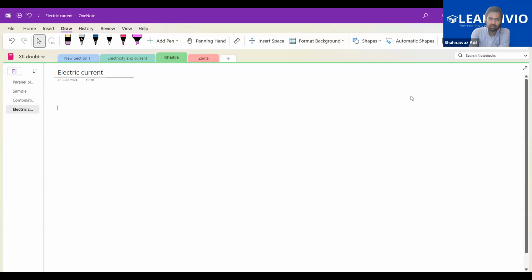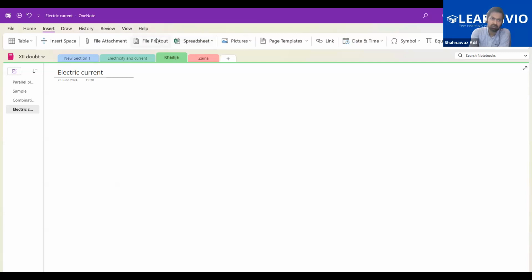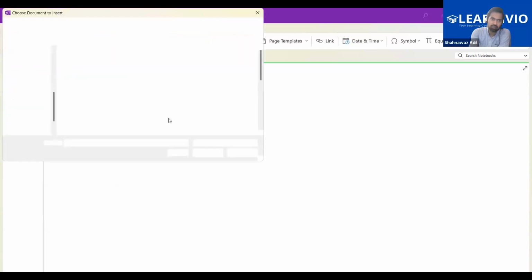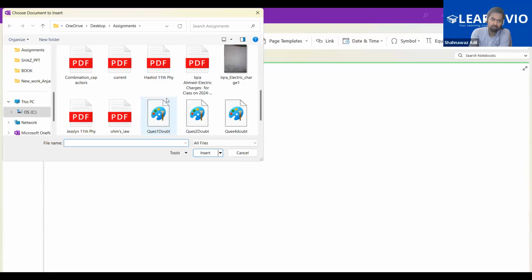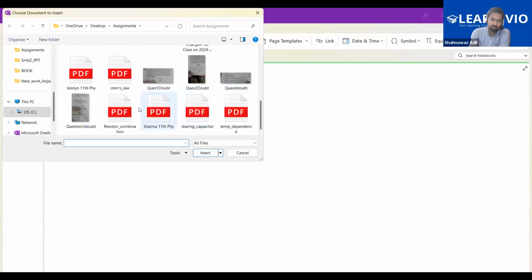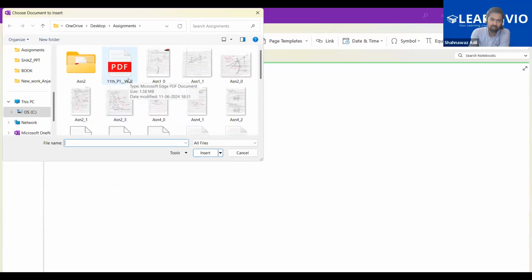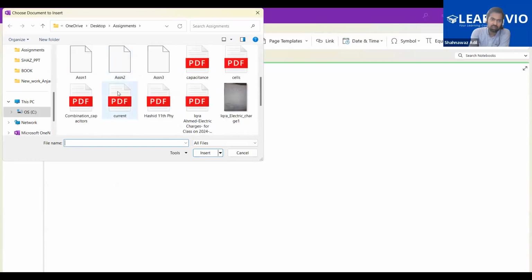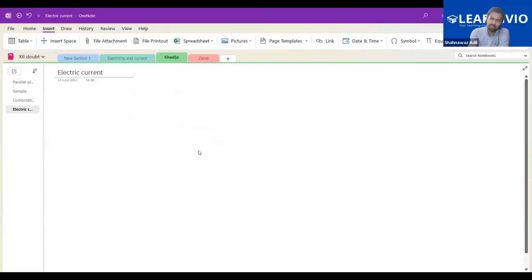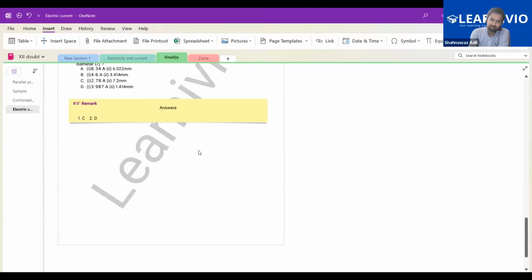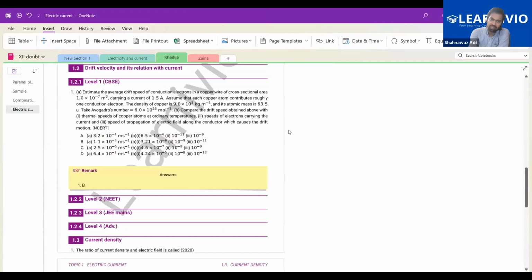The first thing that you have learned in the third chapter is the definition of current, right?